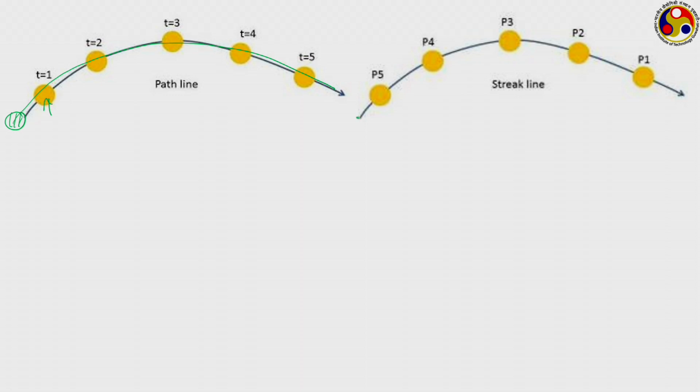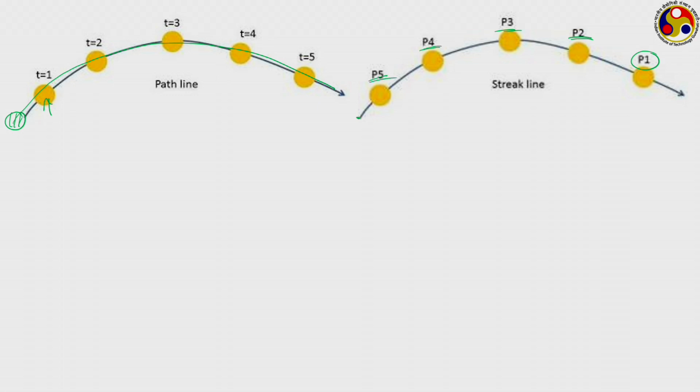On the contrary, a streak line is an Eulerian description where we are focusing on a particular point. Let us say we have a particular fixed point here, and whatever particles are passing through this point, we join them by an imaginary line, and that line is the streak line. So, the first particle to pass through this point is P1, next is P2, next is P3, next is P4, next is P5.